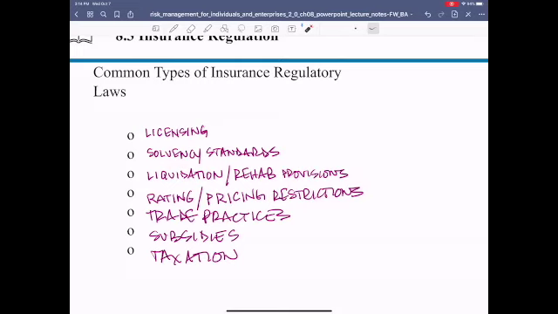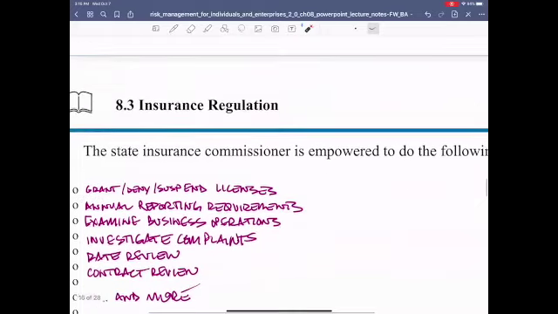So again, it can feel a little bit inefficient, but they want to make sure the rates you charge are adequate so that you're not going to go belly up, because they want you to stay solvent. They also want to make sure that you're not using unfair trade practices, and they deal with all sorts of other regulations, but those are the key ones that I wanted to focus on.